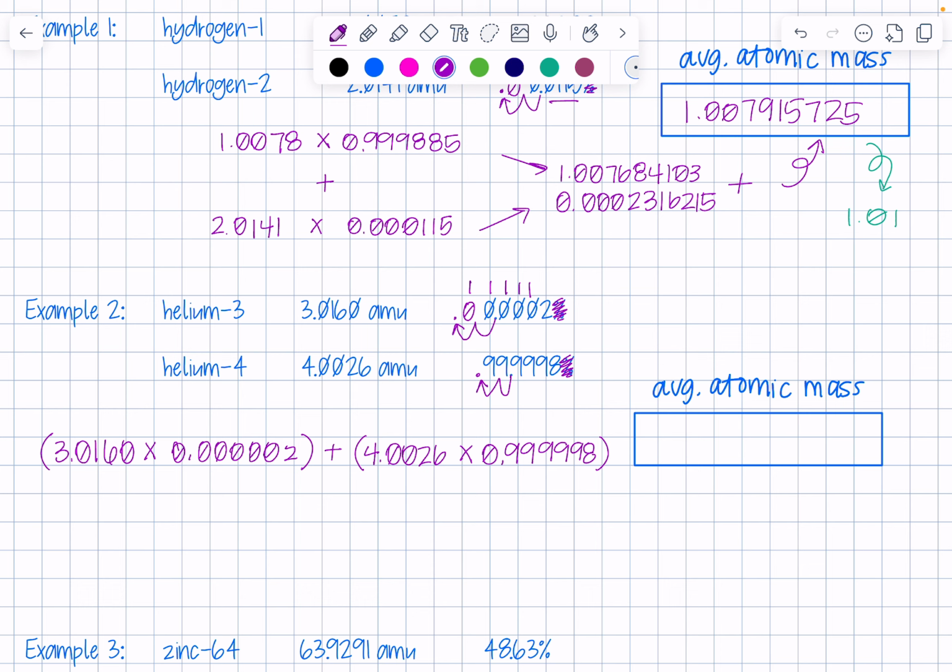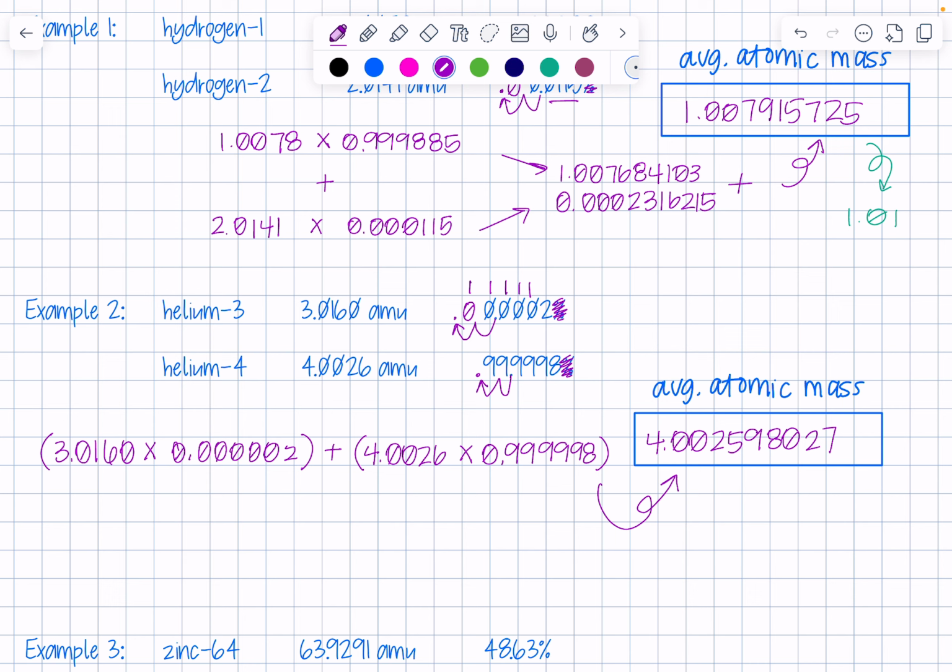Okay, in this question, just like the previous question, I only have 2 isotopes. So that's easy enough, and I get 4.002598027. This is the average atomic mass. But it doesn't matter how many isotopes I have.